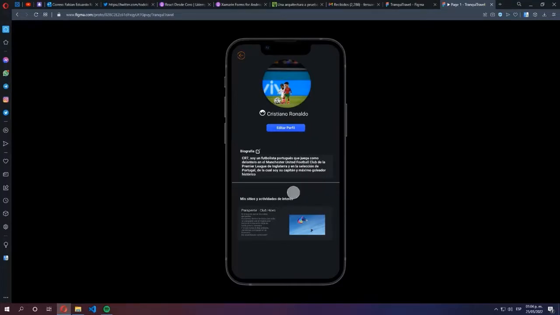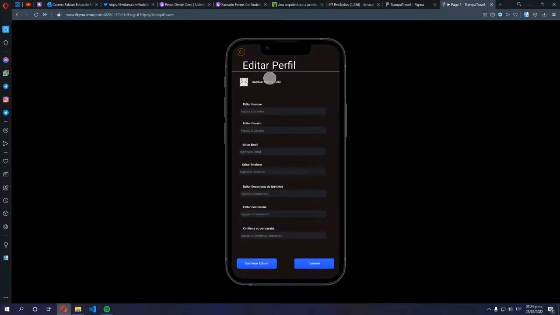We can edit the biography. We can edit the information of our profile with this button. We are redirected to the edit profile form.